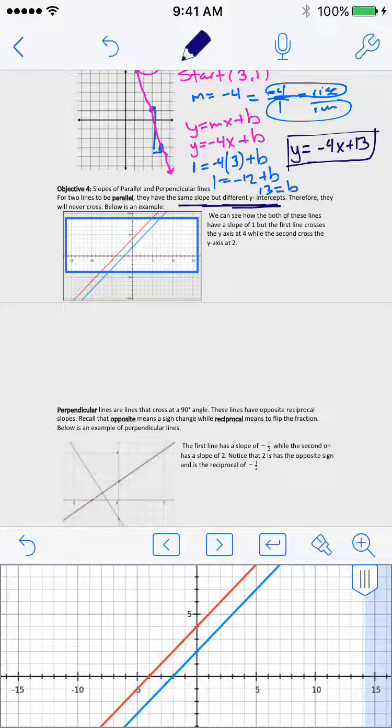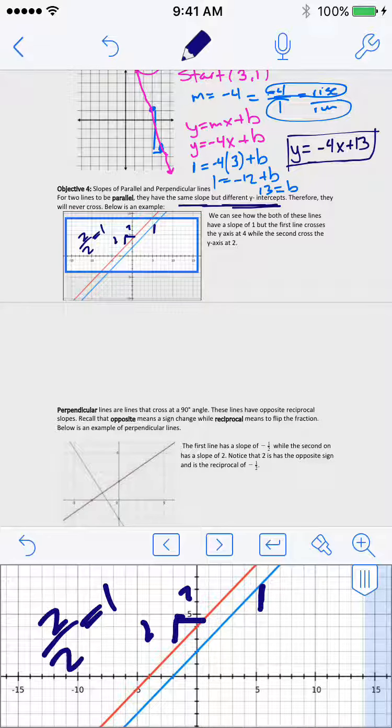And we can check that here. If we look at the red line, which on your notes, because of our photocopier, is probably black, they're both black, the top line has a slope that goes up 2 and over 2. So 2 over 2, that's going to be a slope of 1, right? And then if we look at the bottom blue line, it goes also up 2 and over 2, so it looks like it is also a slope of 1.